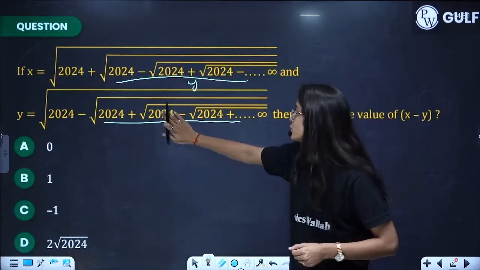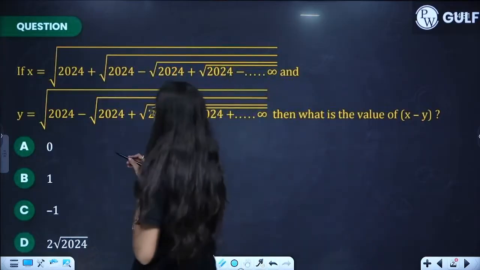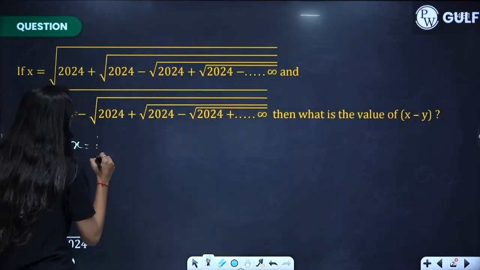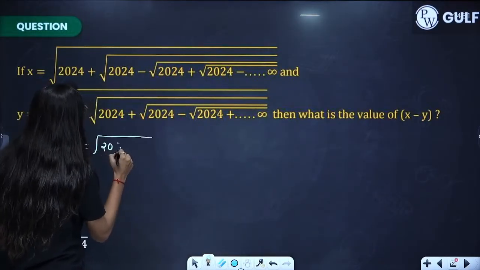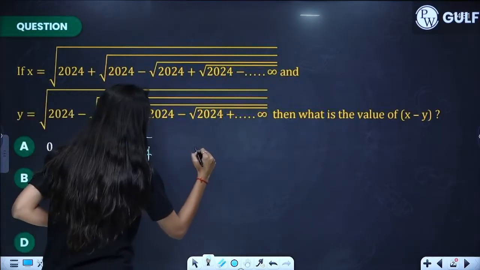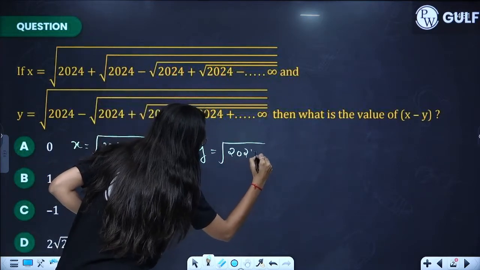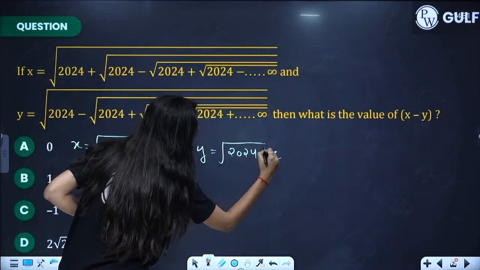So can we rewrite our equations as x equals root of 2024 plus y, and y equals root of 2024 minus x.